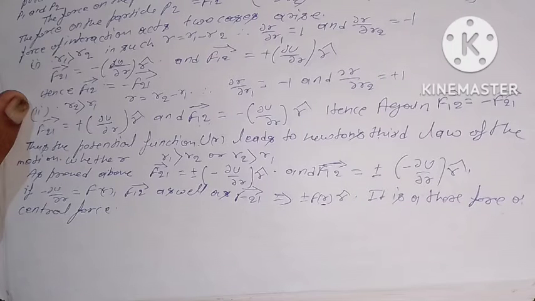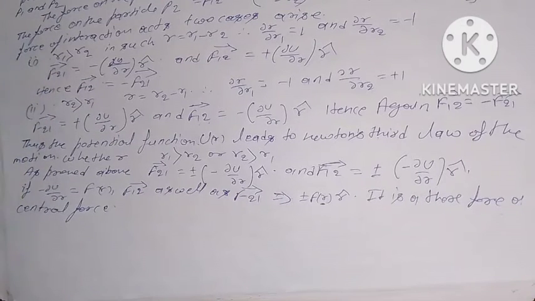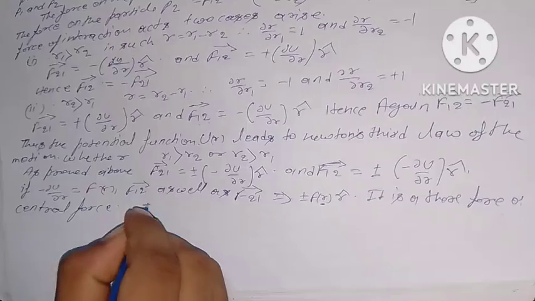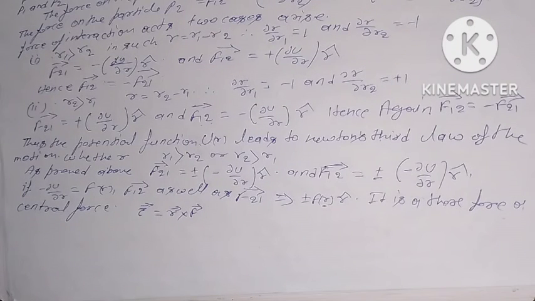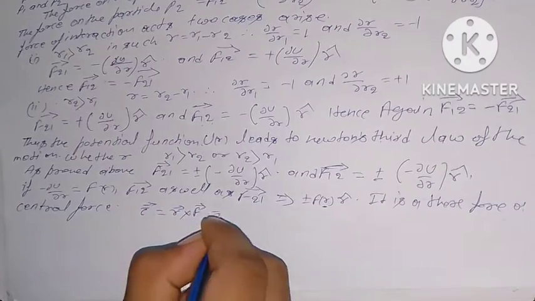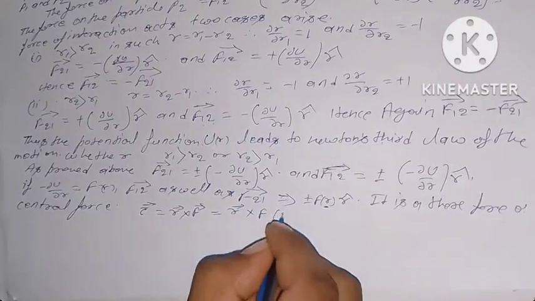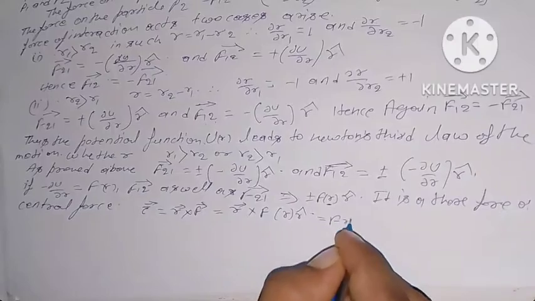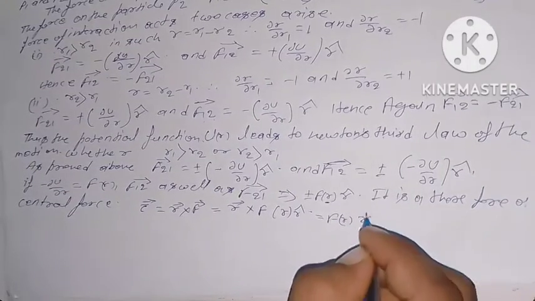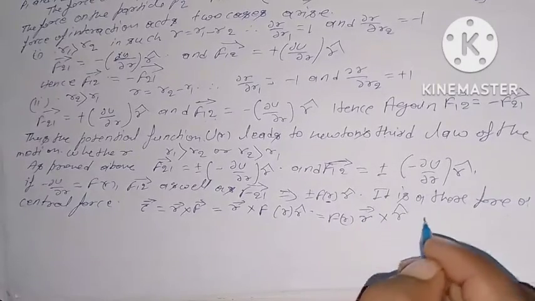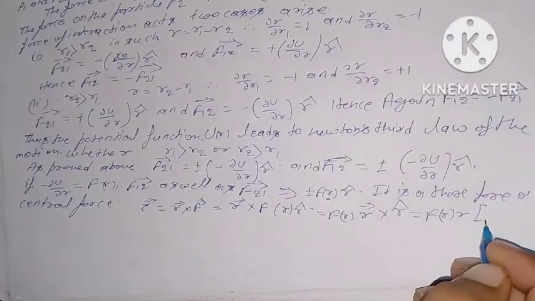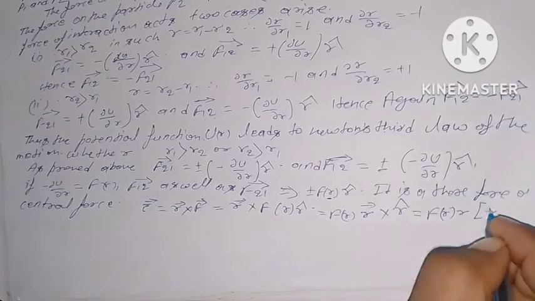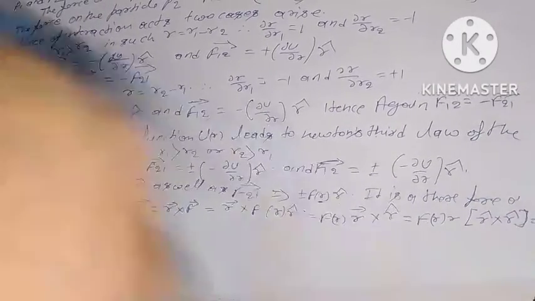Now the torque tau for a force about the center of the force is given by vector tau equals vector r cross vector F, equals vector r cross f(r) unit vector r, equals f(r) into r, unit vector r cross unit vector r, equals 0.